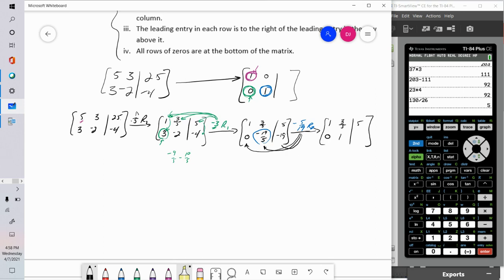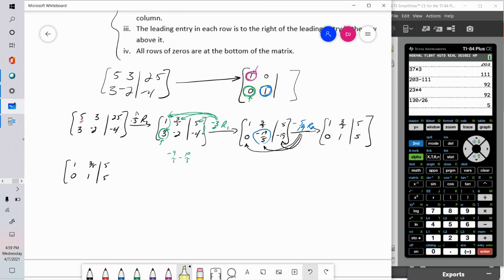And negative 5/19 times negative 19 is a positive 5. I'm out of room, so I'm going to rewrite this over here. 1, 3/5, 5, 0, 1, 5. Notice we've got the 1, we've got the 0, we've got the 1.